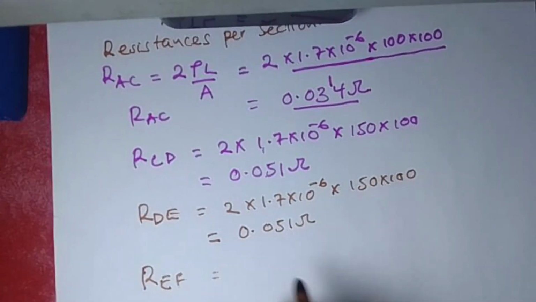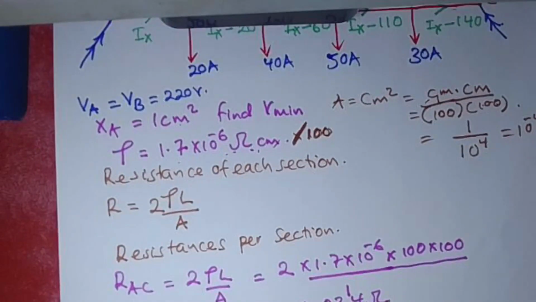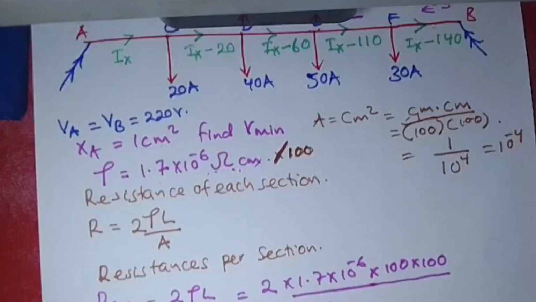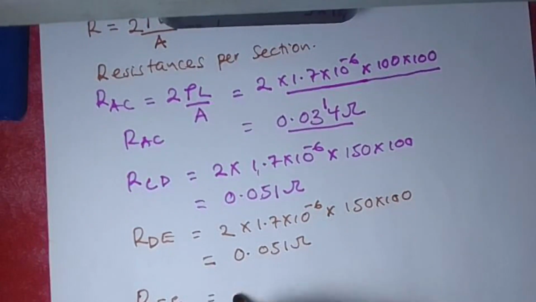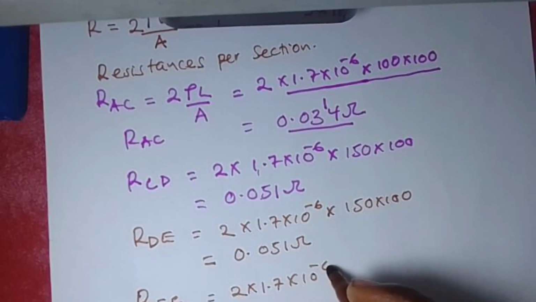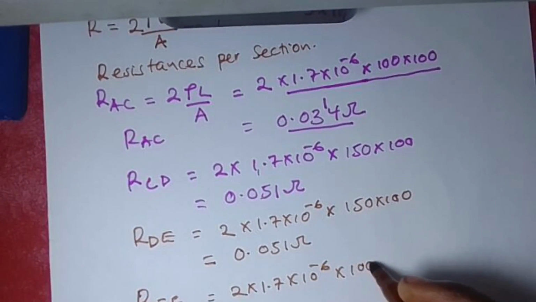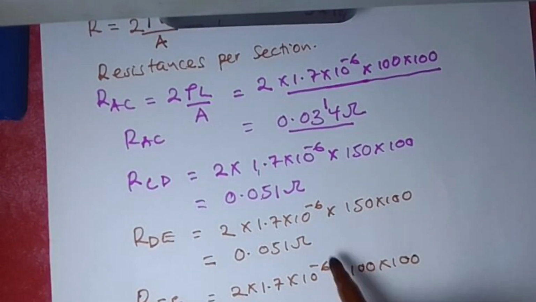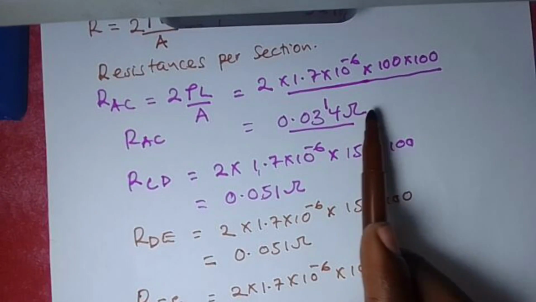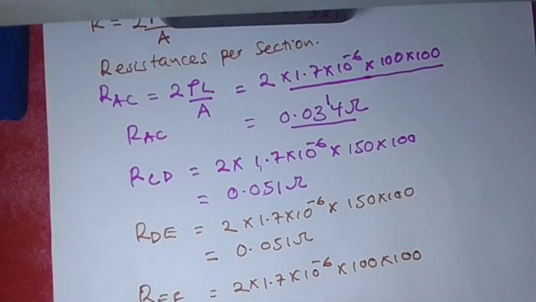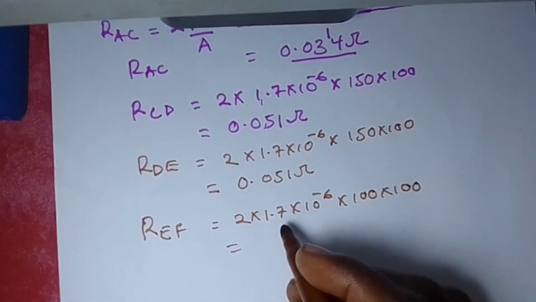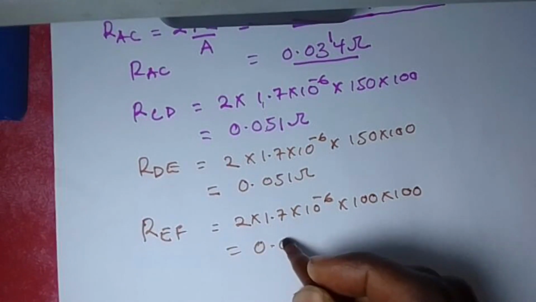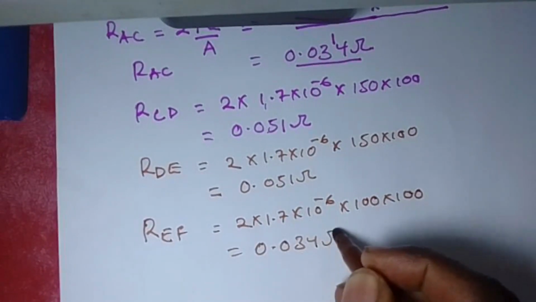And then also we get the value of resistance between E and F. From E to F the distance is 100, so it will be 2 times 1.7 exponent negative 6 times 100 times 100, which is what we had calculated earlier on, and it will also give us a value equal to 0.034 ohms.